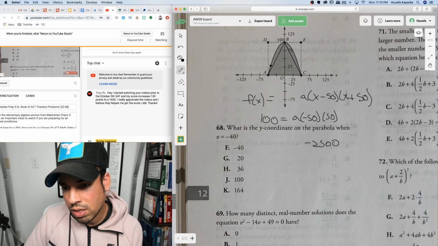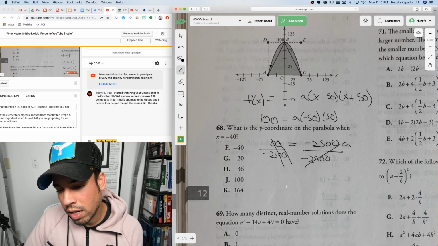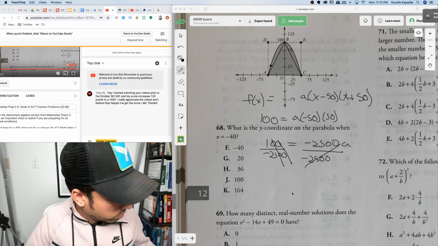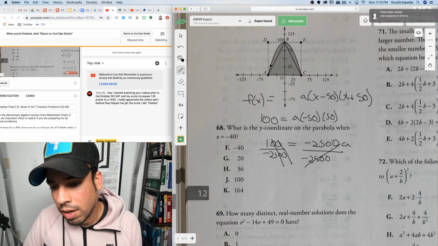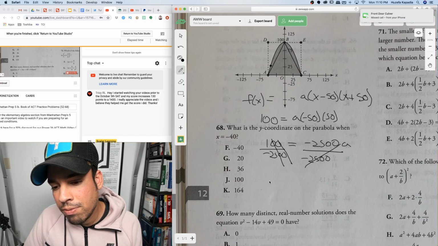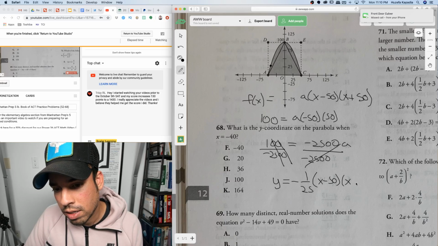Again, we can use a calculator for this, so I'm not totally stressing on these numbers. And then to solve for a, we divide both sides by negative 2,500. A equals negative 1/25. So now my function is y equals negative 1/25 times x minus 50, x plus 50.